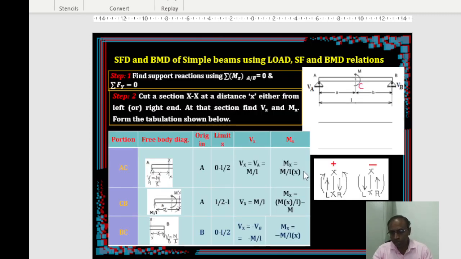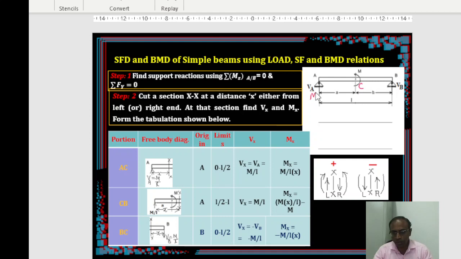Now if you go to the couple, a simply supported beam with a couple acting on the beam at some location, say at a distance A from the left hand and B from the right hand side. Okay, if this is the case, how to draw the shear force and bending moment diagram? Right, the procedure remains the same. First of all, you find the support reactions using equilibrium equations which we have discussed earlier.